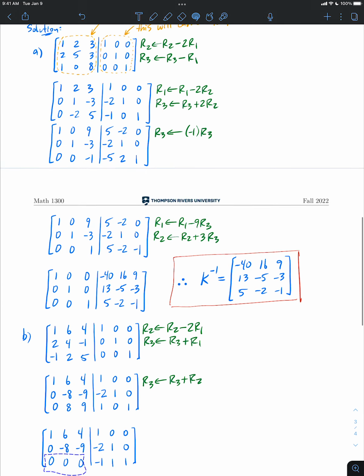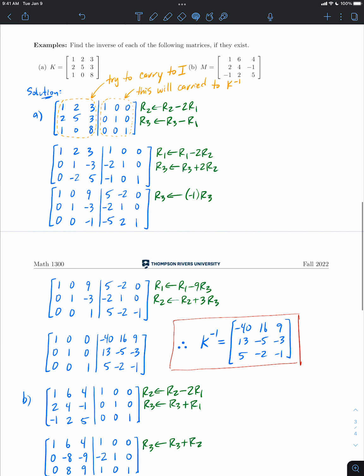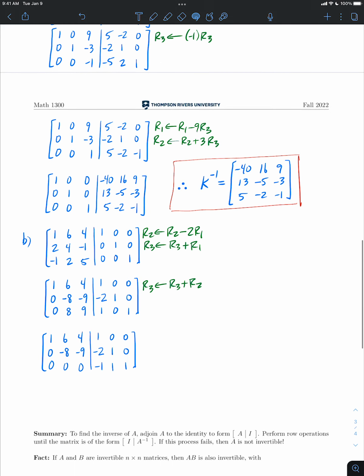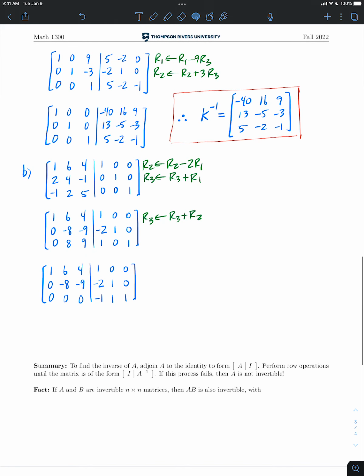What was it called? M, I think, that we started with, right? We're never going to find an inverse for this matrix. That doesn't mean the algorithm failed, because it tells you that. The fact that we have a row of zeros showing up here just means that we're going to stop and say, therefore, M inverse does not exist. In other words, M is not invertible.